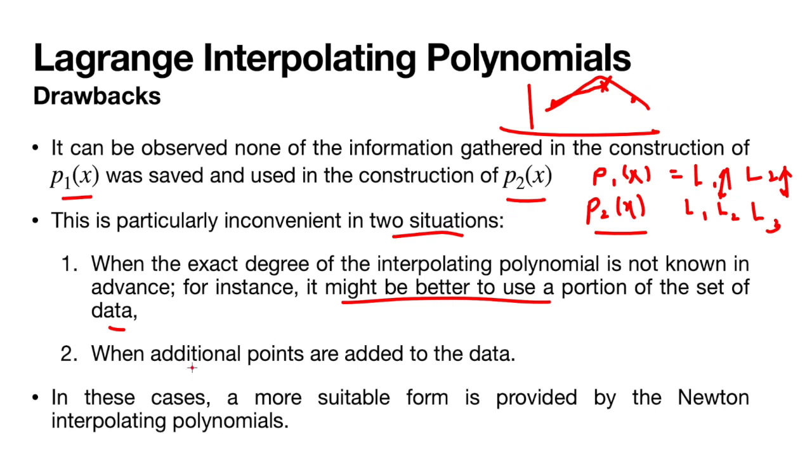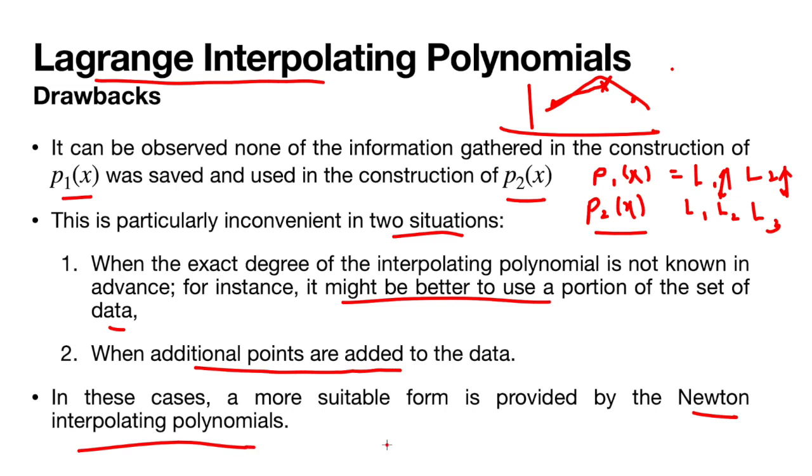When additional data points are needed, this is very inconvenient, because we have to do all the calculation from the very start. This is the major drawback of using the Lagrange interpolating polynomials. In these cases, a more suitable form is provided by the Newton interpolating polynomial.